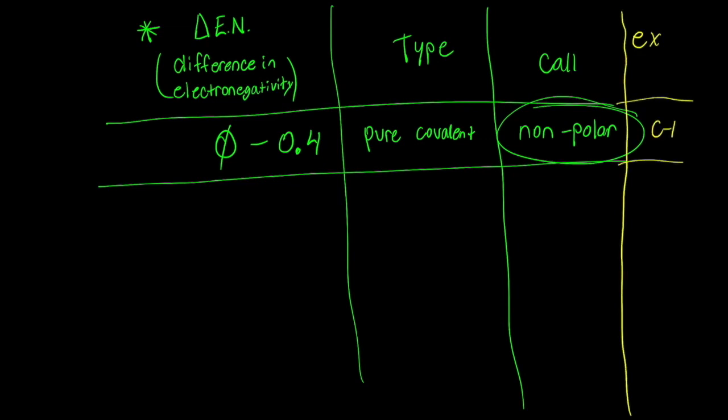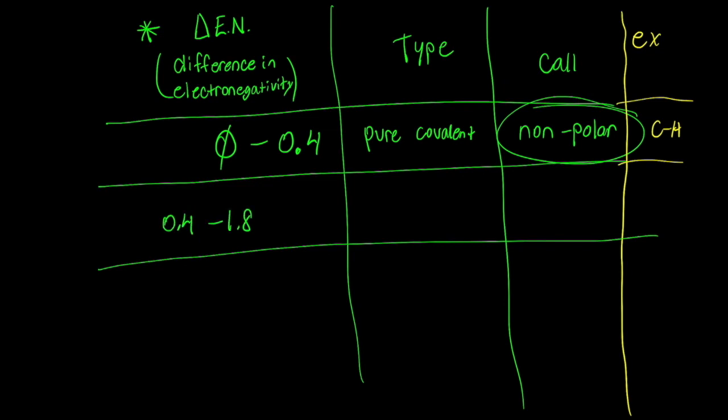CH, all right? Now, what if we got something between 0.4 and 1.8? So somewhere in between here. We call this intermediate, okay, intermediate. We call this a polar covalent bond, okay?